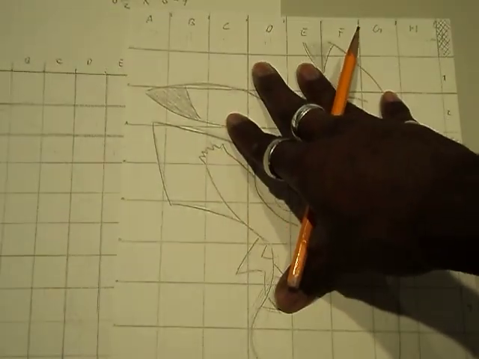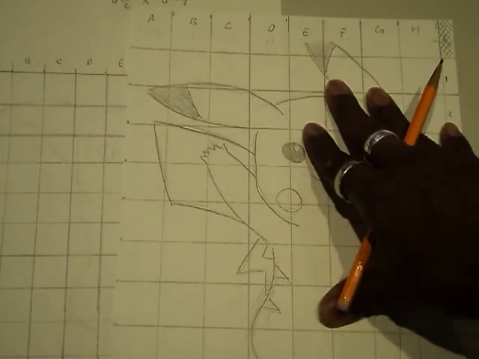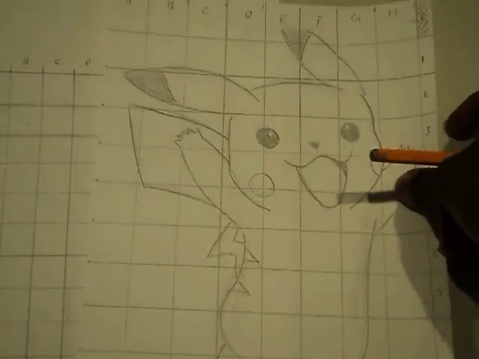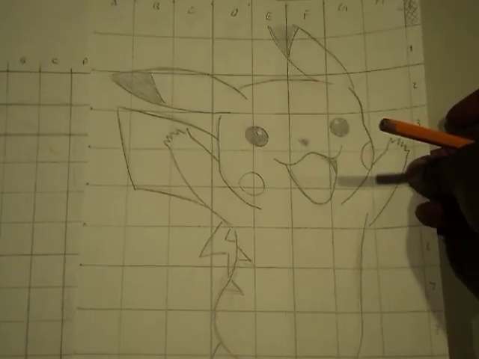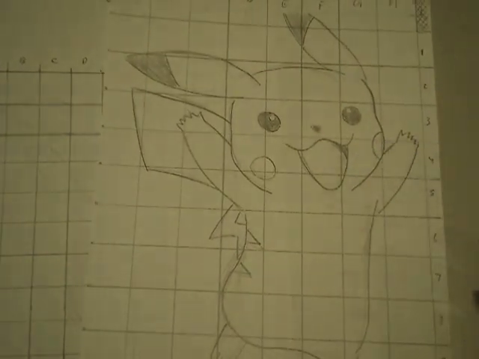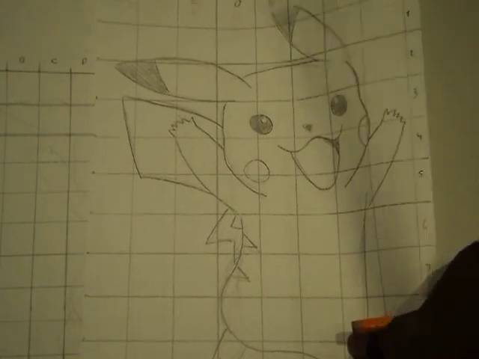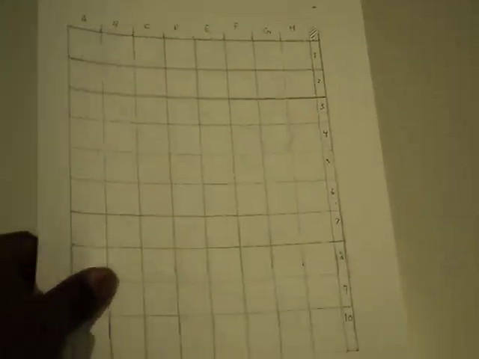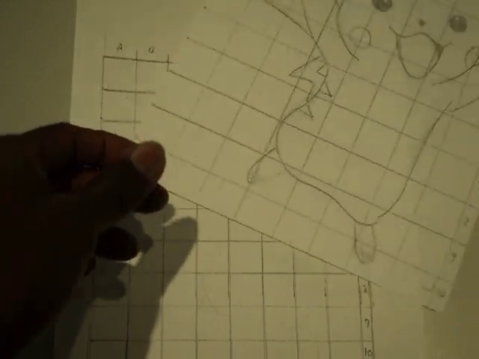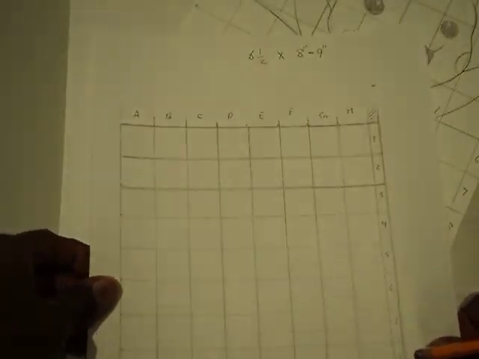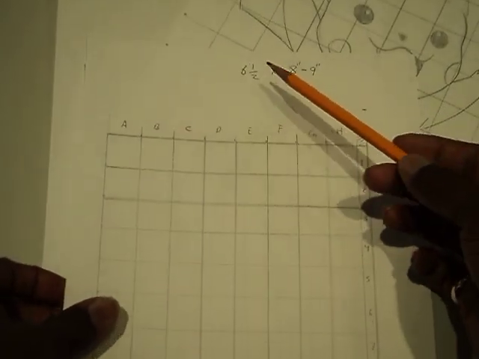Now once you have your reference drawing, this drawing of Pikachu is on an 8.5 by 11 sheet of paper. So let's just say I want to make this drawing about 50, maybe 75% smaller. I have to produce a smaller grid. This grid right here, I went ahead and did the numbers on it.